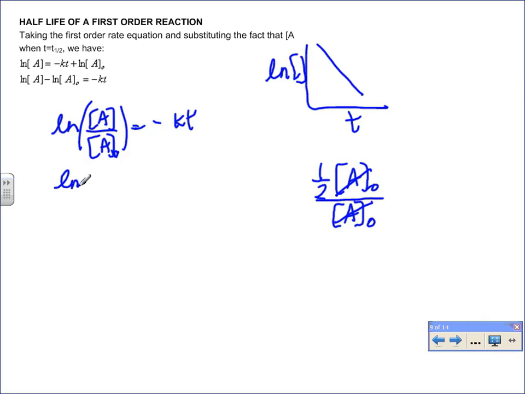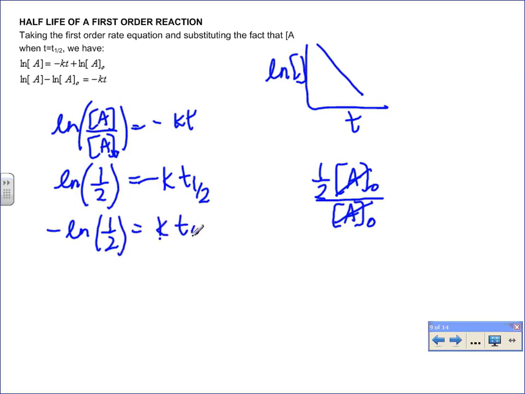So what we have when we're dealing with the half-life is ln of 1 over 2 is equal to negative kt half. If I move the negative over, negative ln of half is equal to kt.